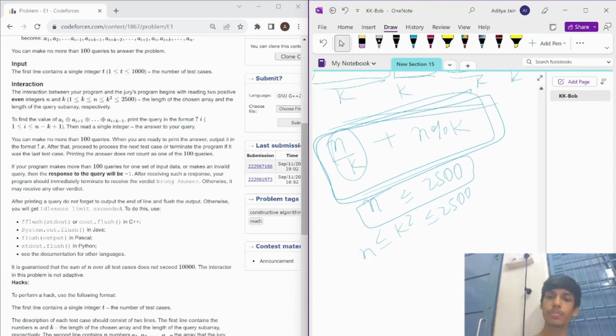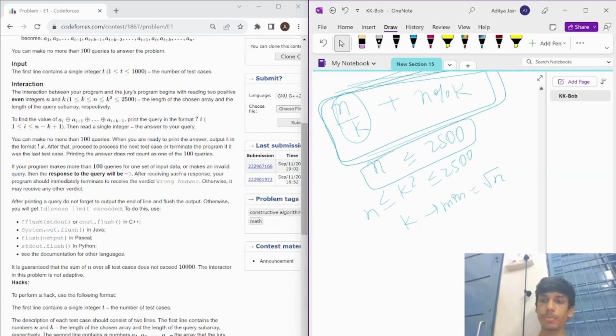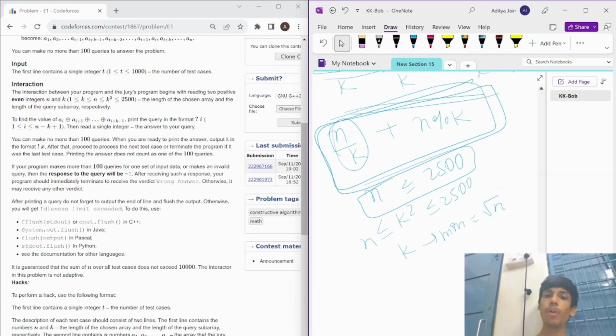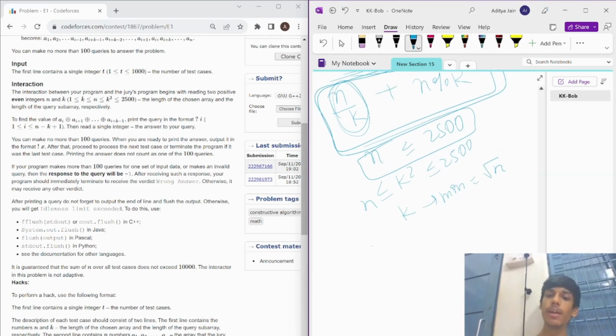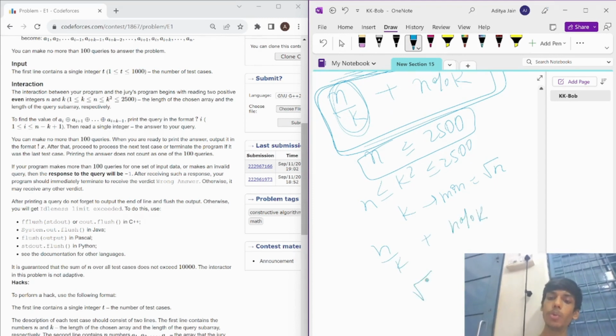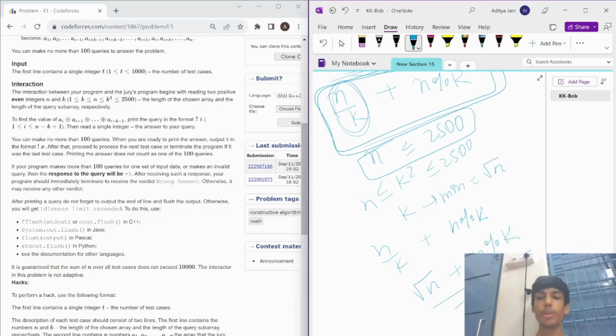So clearly k's minimum value will be root n, because k square is greater than or equal to n. Now the number of queries will be n by k plus n percent k. So it will be root n plus n percent k. These are the total number of queries.